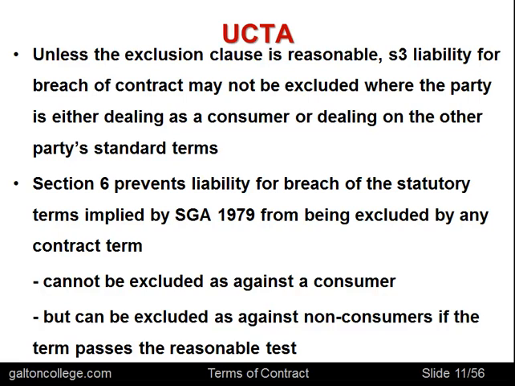So in other words, other Acts of Parliament impinge upon contracts also. It can't be done to exclude liability if that exclusion goes against the Sale of Goods Act 1979.